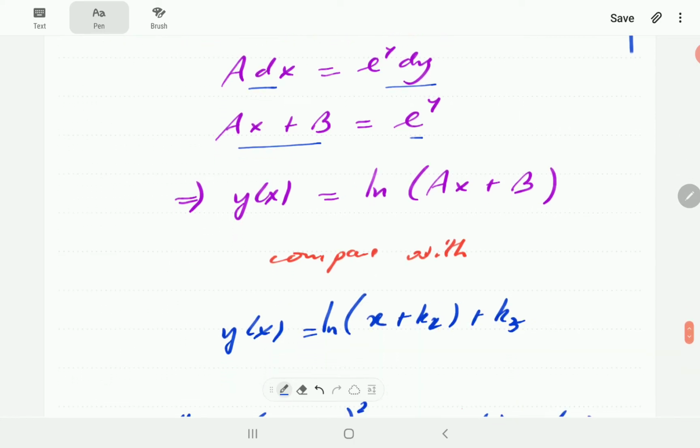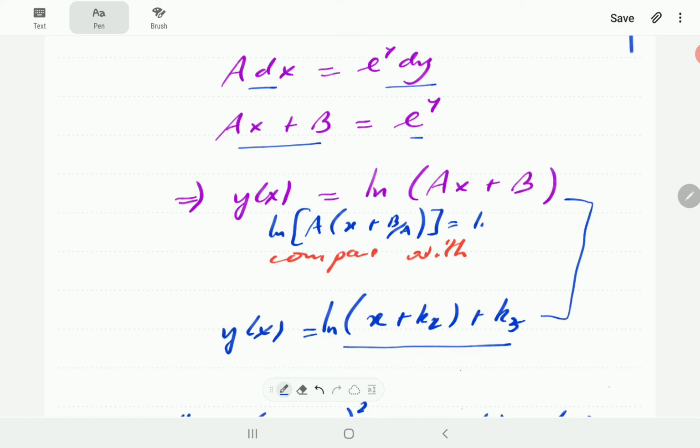Now the question is, this is the one we found using the type 1 approach. Are these two solutions equivalent? And the answer is yes, because notice that for this one, the coefficient of x is 1. So if we write this one in the same form, then it's going to take this form. For instance, if we factor out a here, so that's going to be ln of a into x plus b over a.